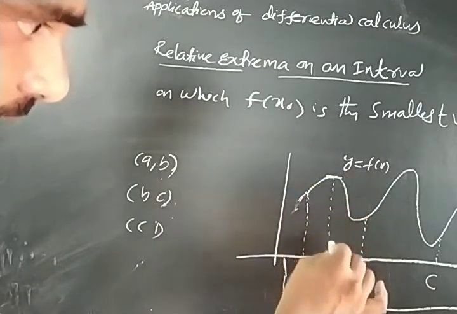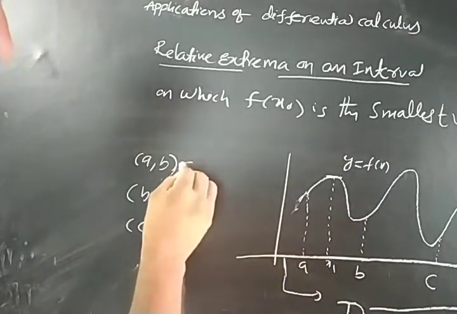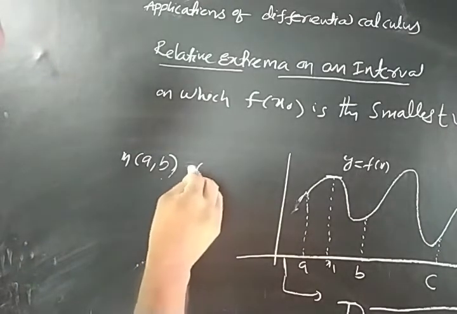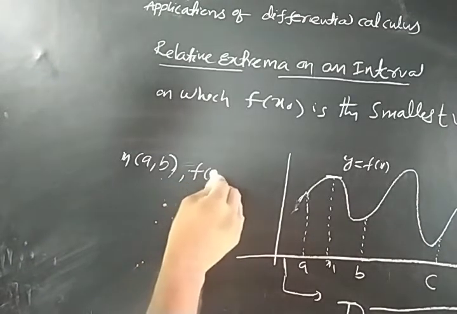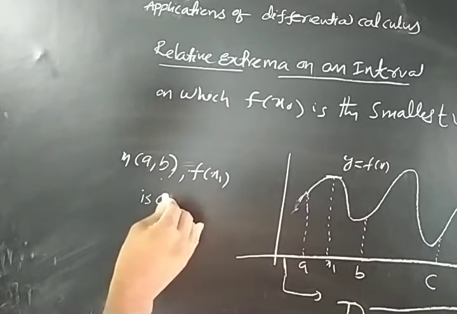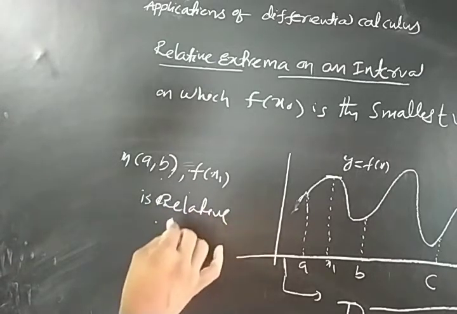I am taking this as x1. So f of x1 in open interval a comma b is called relative maximum.